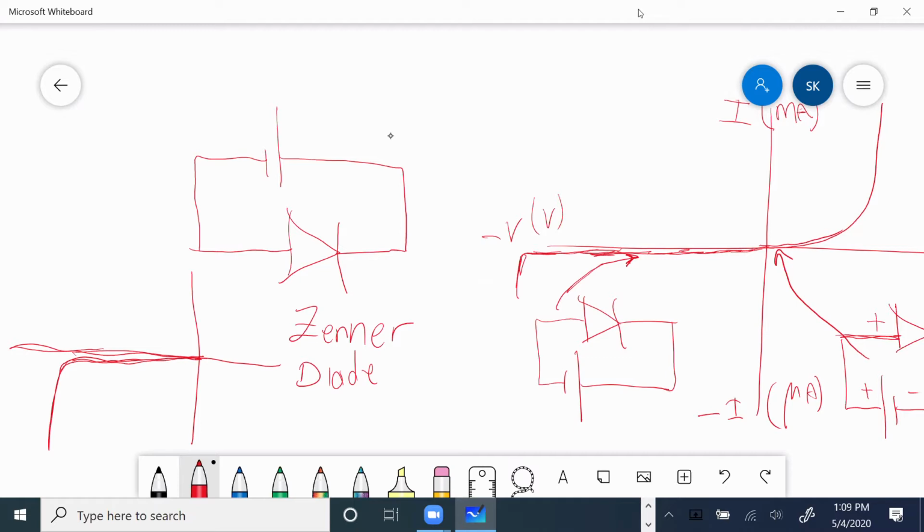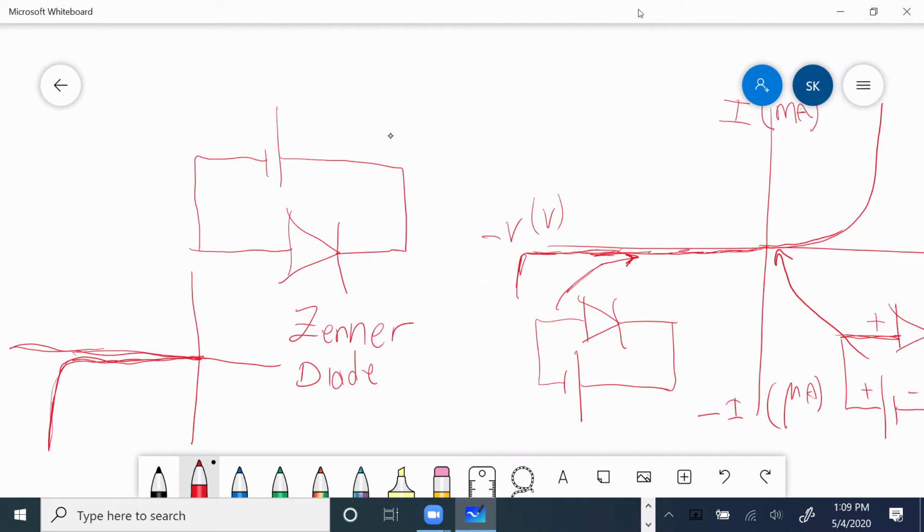So Zener diode is an ordinary diode that if I use it in forward bias, potentially it should work like ordinary diode. But it has specifically been manufactured with some provisions that when I reverse bias it, it will break.